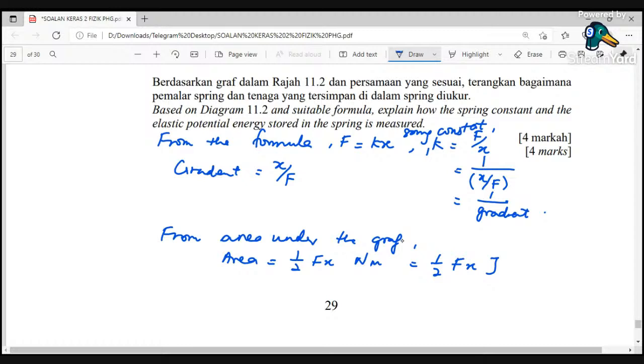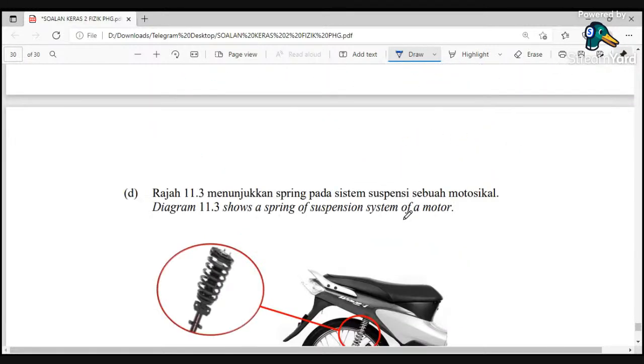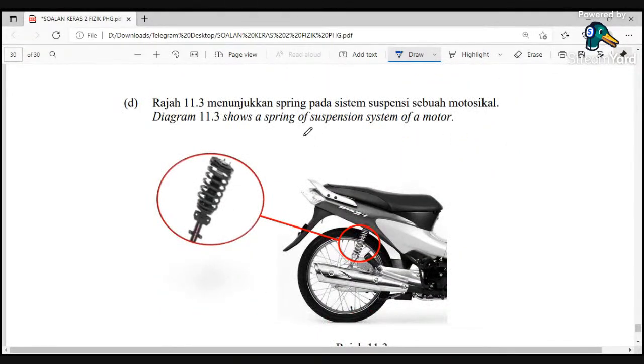And this one equals to elastic potential energy. Okay, thus E is determined by area under the graph. Okay, ini 4 markah lah. Okay, part D shows a spring or suspension system of motor. Nampak motor dia ada spring tepi tu.